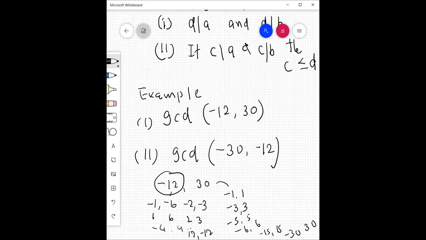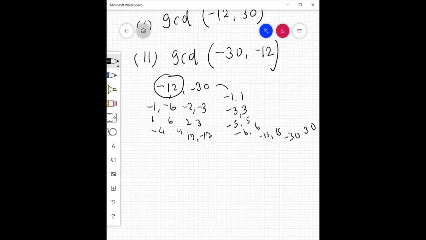Then it is very easy to find that the greatest common divisor of minus 12 and 30 is 6. And for the second one, minus 30 and minus 12, the divisors of minus 12 are the same, and minus 30 has the same divisors as 30, right? If you put the negative sign, we don't get any different divisors. It has the same divisors as the positive number. So again, the greatest one is 6. So in both cases, it is 6.